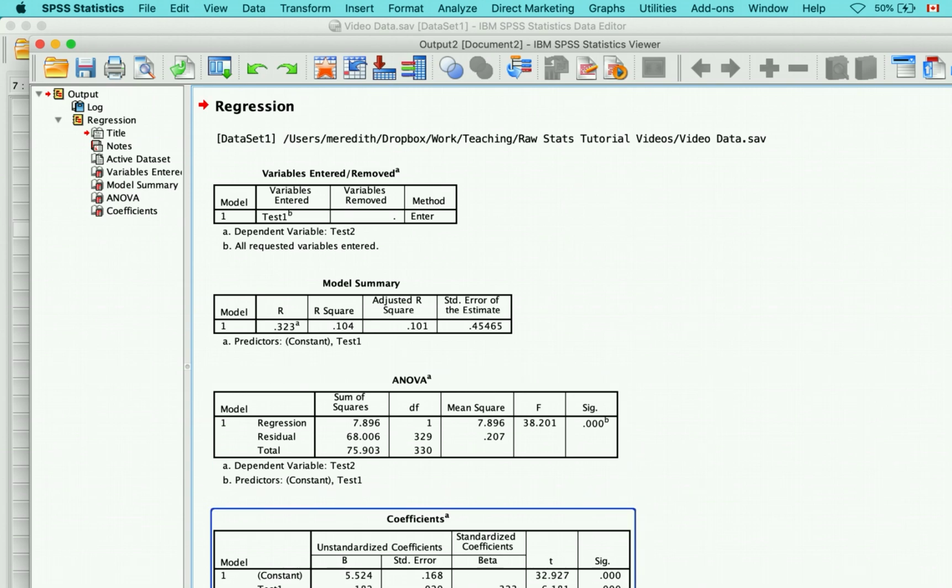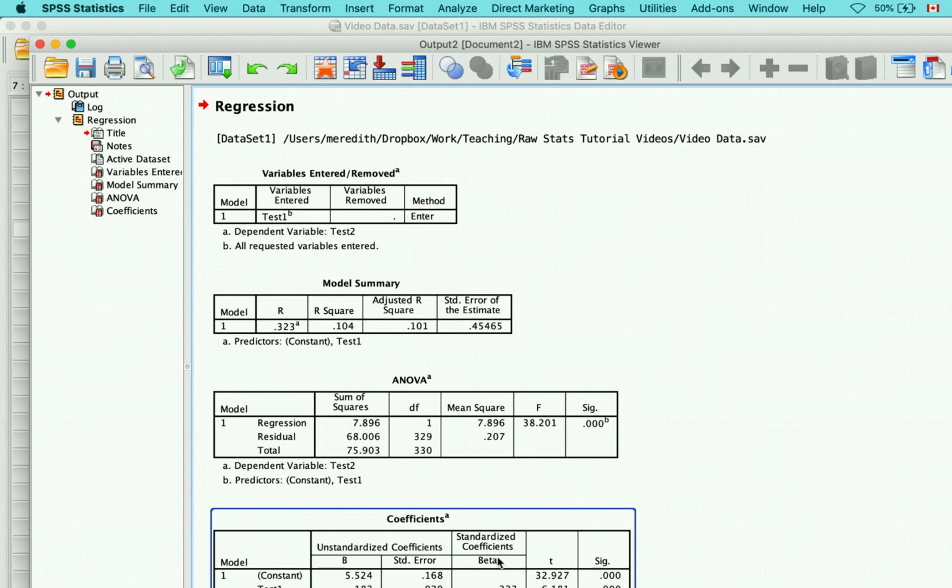And then we can see that for every 1 unit increase in test 1, test 2 goes up 0.182. So it's not a really strong relationship in terms of how much a better performance on test 1 makes a difference on test 2, but we do still have that significant linear relationship between the two. These are just the standard errors of those estimates.